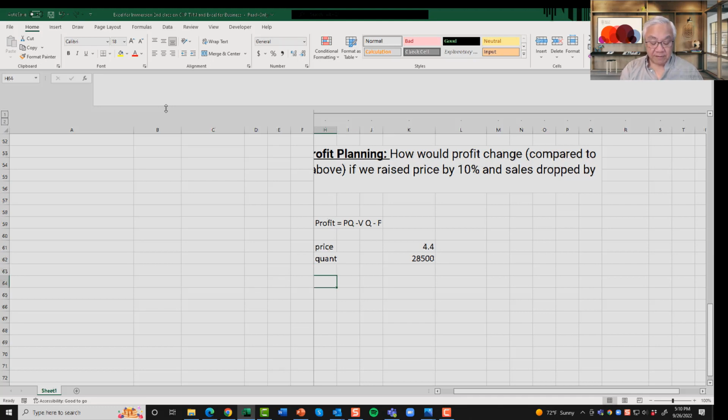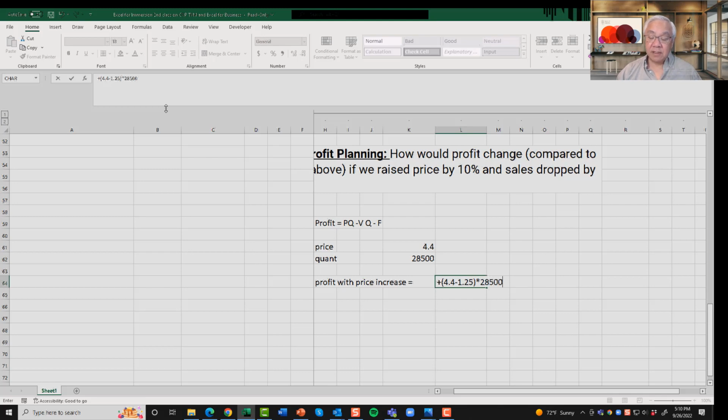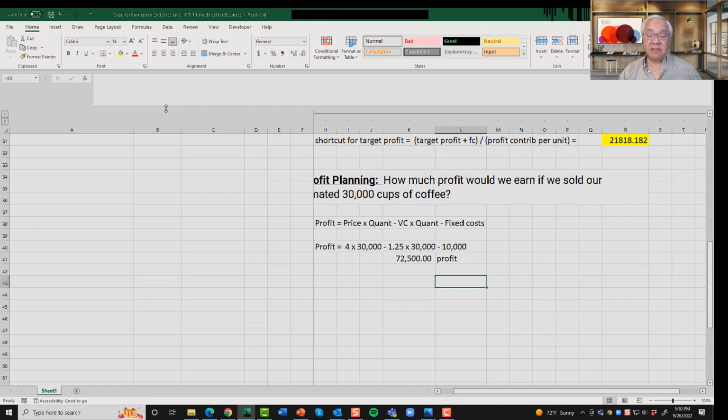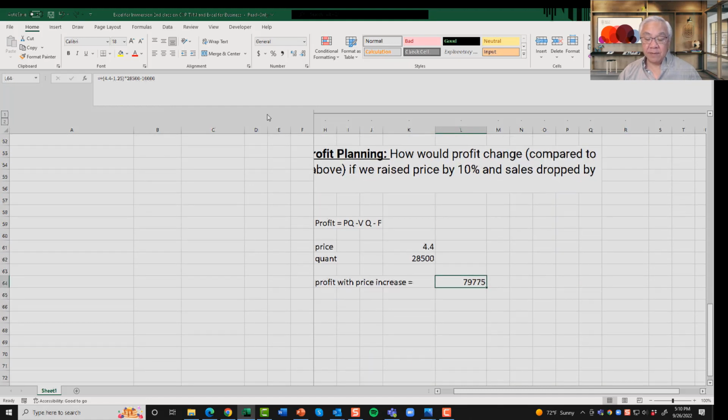And now we can do the profit. Profit with price increase equals $4.40 minus 1.25 times 28,500 minus 10,000 equals 79,000. Okay, so we compare the 79,000 to 72, and this is higher.